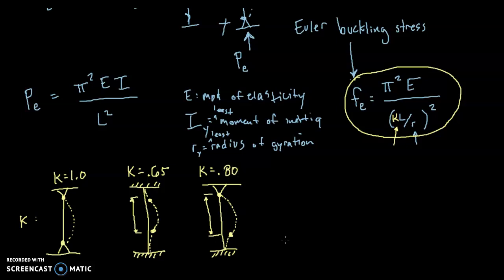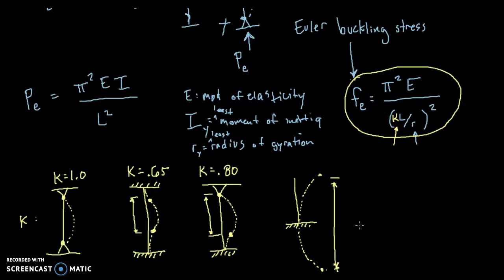And then the last type, I'm going to actually draw my base a little higher up this time, is fixed-free, like if we have a flagpole or telephone pole, or some sort of pole that's buried in the ground. It's not permitted to rotate, and the other end is just completely free. Well, if this buckles, it's going to curve out, and if we continue that curve, that doesn't actually curve underground, but use our imaginations to complete the curve, that actually makes a very long distance between inflection points.